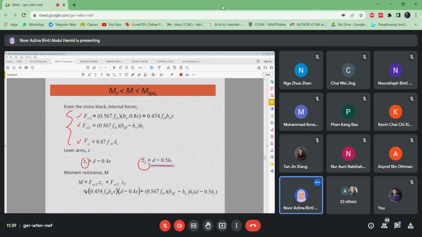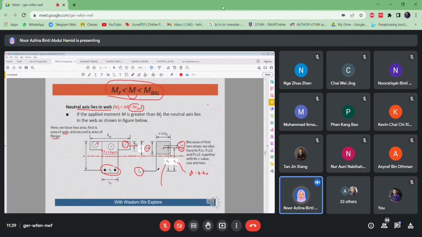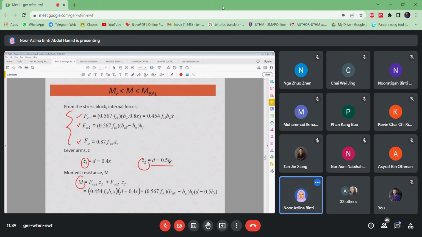So again, for moment resistance, bring all the forces, calculate all the moments at this point here. So that means FCC1 you need to multiply with Z1, and then FCC2 multiply with Z2 in order to come out with these kinds of equations for the moment resistance.